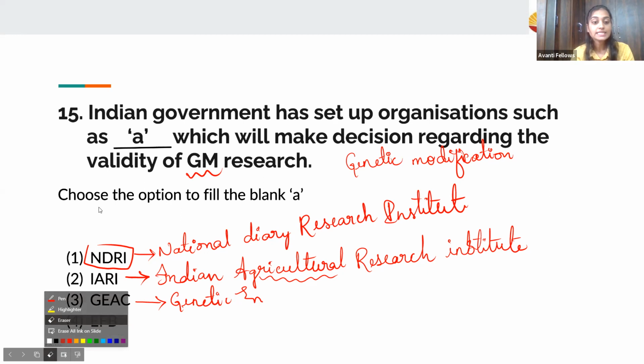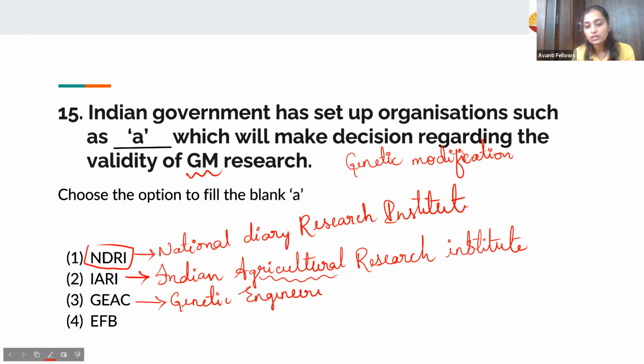So GEAC is the Genetic Engineering Approval Committee.